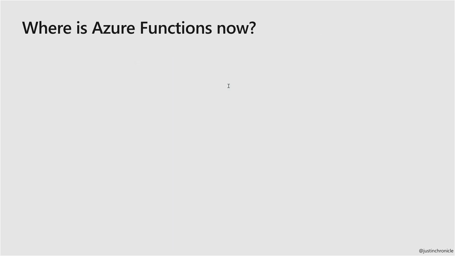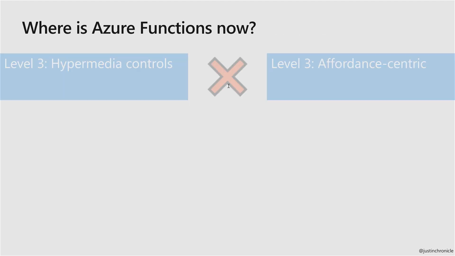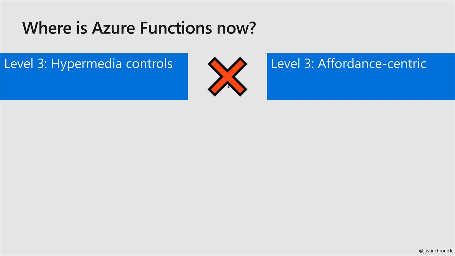Based on this idea, where are Azure Functions now? Azure Functions doesn't support level 3 out of the box. We should install our own things using a library or whatever method we use.